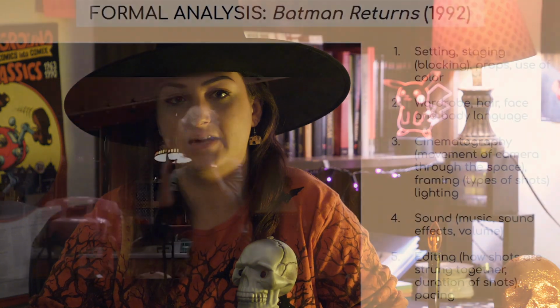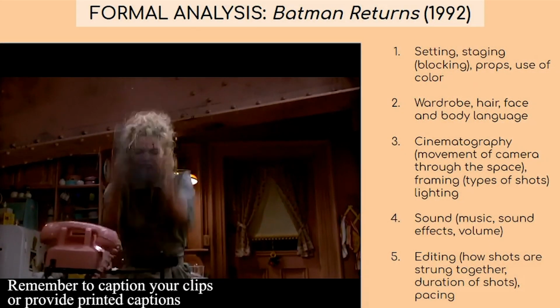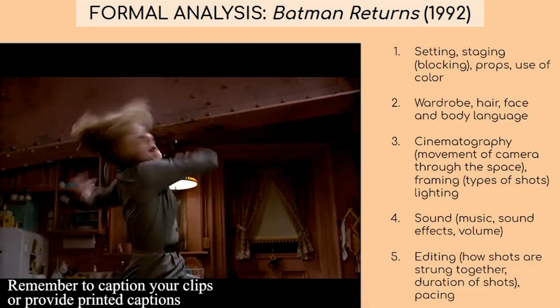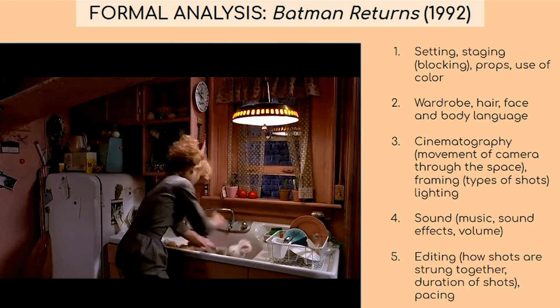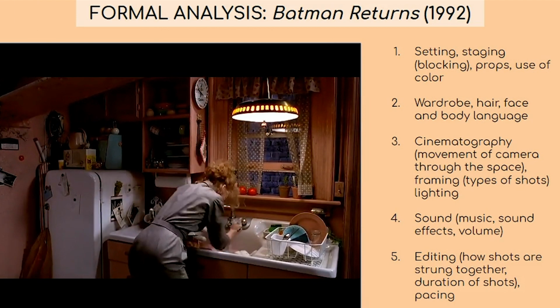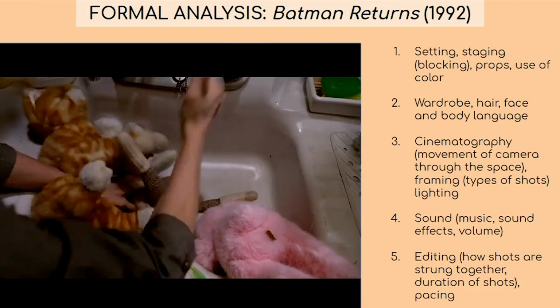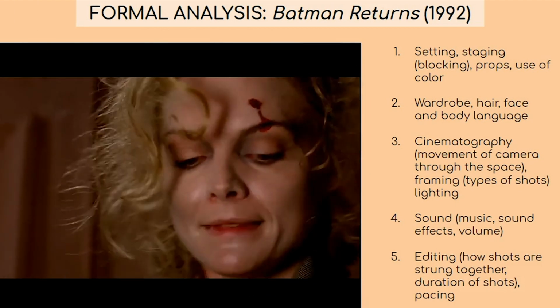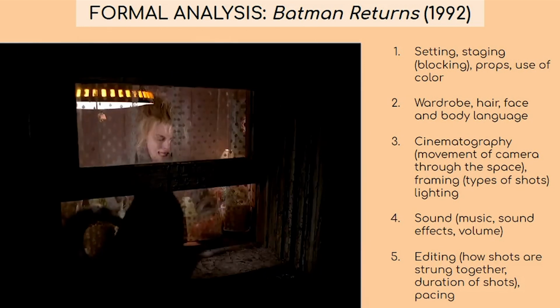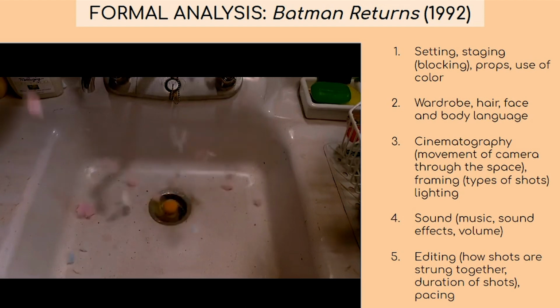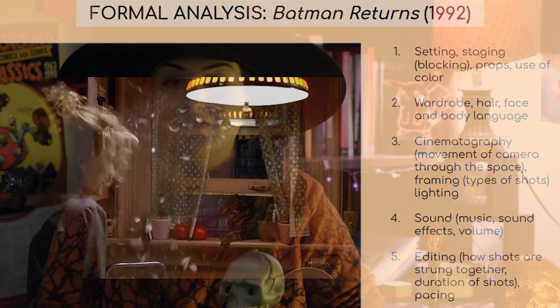So the sound group will think about the use of music and sound effects, volume and type of sound effect, and how that's aiding in our understanding of Catwoman's transformation. Another group might focus on editing: how the shots are cobbled together, speed of editing, how it goes together with the visuals, and what kind of messages that gives us. Framing: what does the destruction of each prop symbolize?